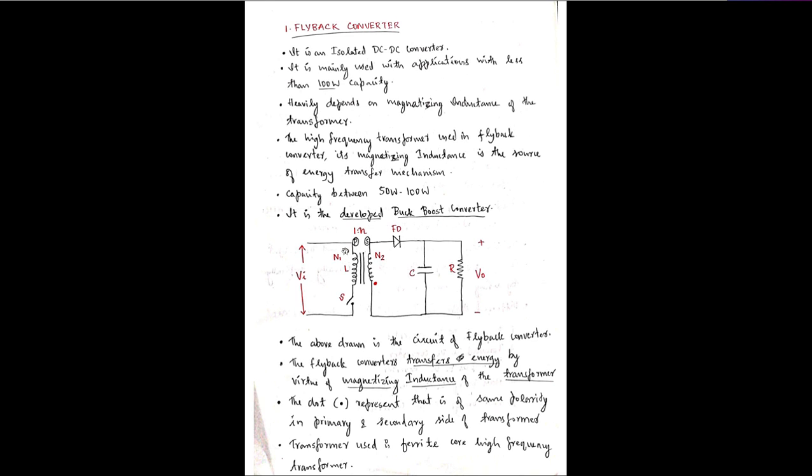That is, if a plus is inducing in this dot side and minus polarity is in this non-dot end, then in the secondary side also plus polarity will be in the dotted end and minus polarity in the non-dotted end. So the dot represents the same polarity in the primary and secondary side of the transformer. The transformer used here is a ferrite core high frequency transformer.